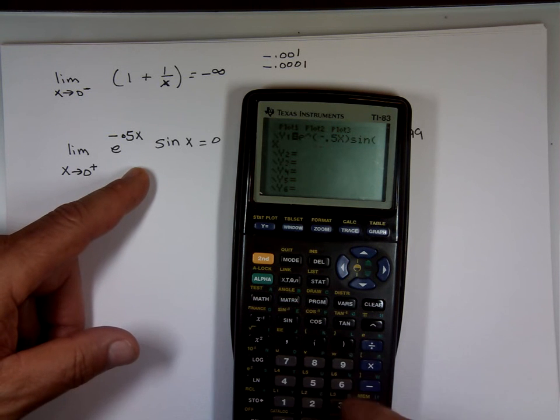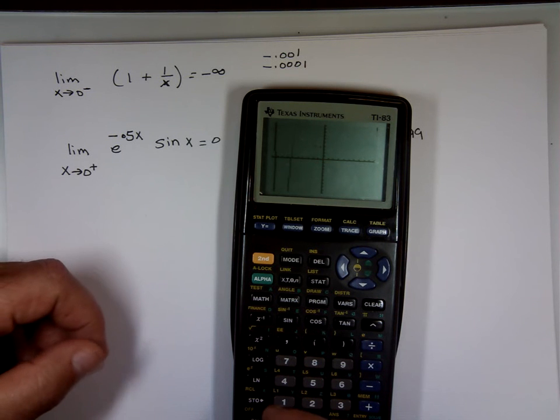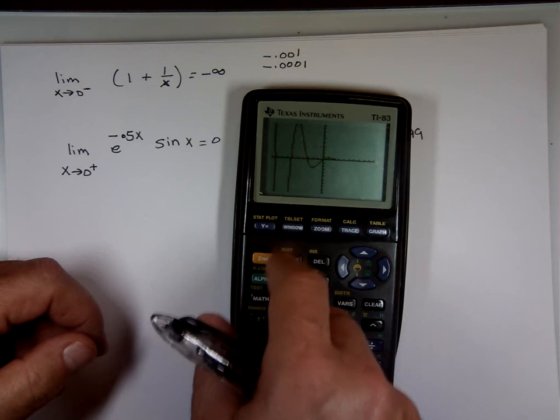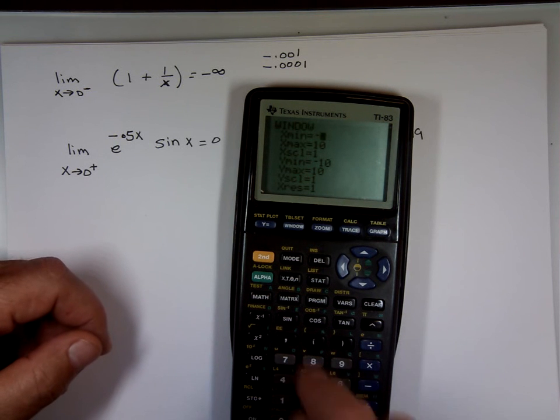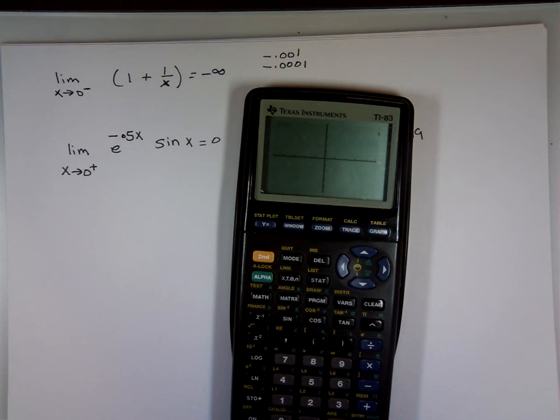And that's the graph. Let me zoom in on the window. Negative 5 is too far here. Negative 5 to 5. Look at the picture.